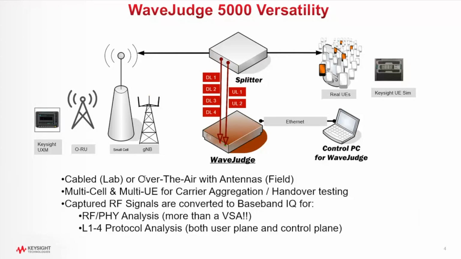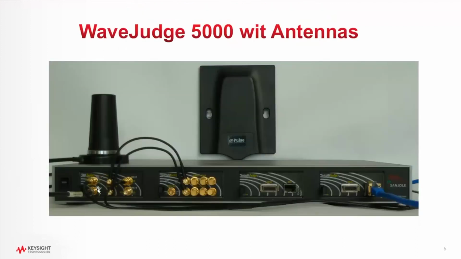We can also operate, as I mentioned earlier, in the field over the air with antennas, and we can see that here. So if anybody would take the WaveJudge out into the field in a van, we have a small footprint. There would be, for example, a downlink antenna. There would also be an uplink antenna, and everything I've mentioned so far is exactly identical to being in a lab environment.